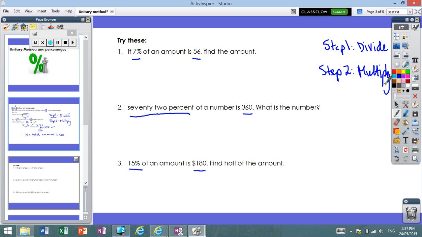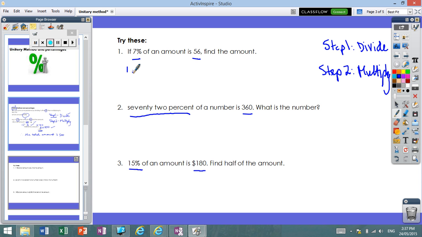Alright, hopefully you've paused it and done the three questions. Now you're going to see how you went, because I'm going to go through each of them with you. So this first question, as I said before, we have if 7% of an amount is 56, find the full amount. So we've got 7% and 56.